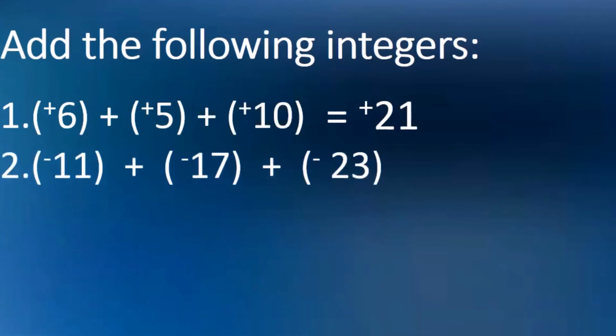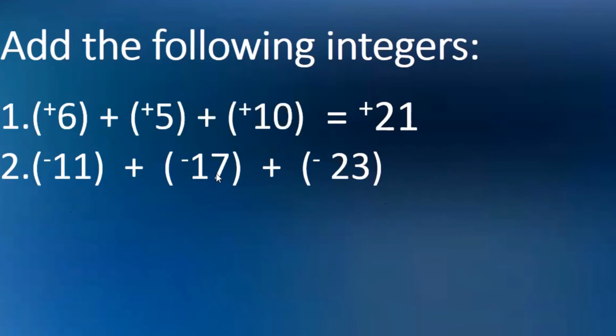Number 2 example. We observe that they are all negative. If number 1 is all positive, number 2 is all negative. So, again, copy the common sign and add the numbers. So, negative 11 plus negative 17 plus negative 23 is equal to negative 51.